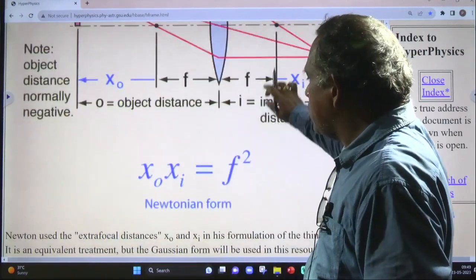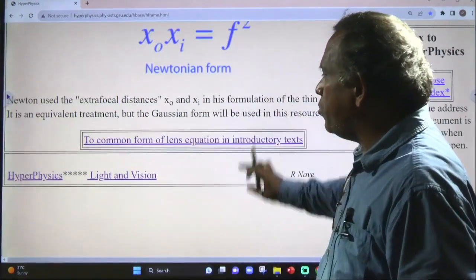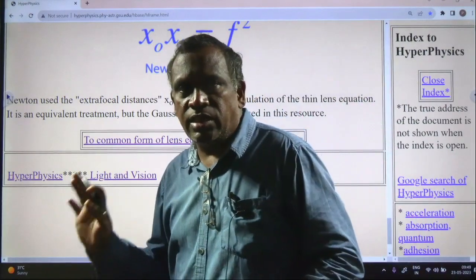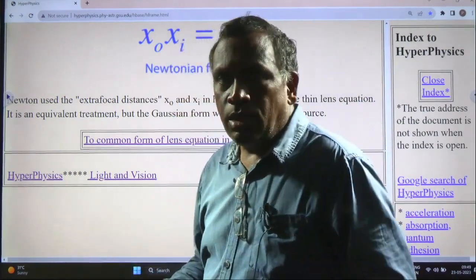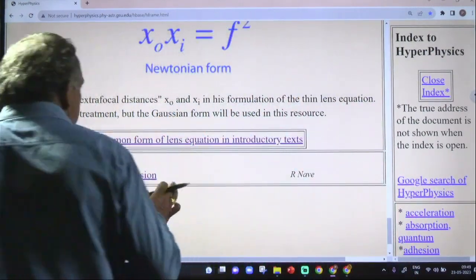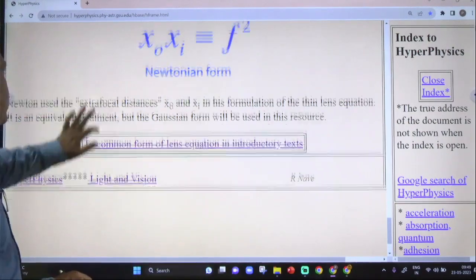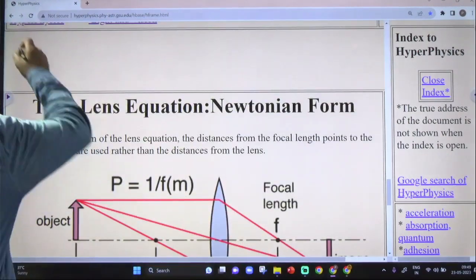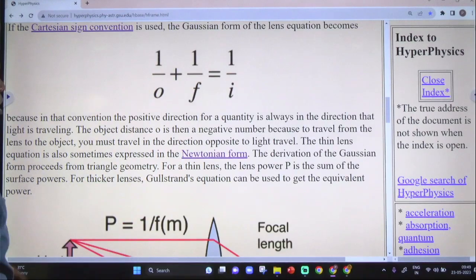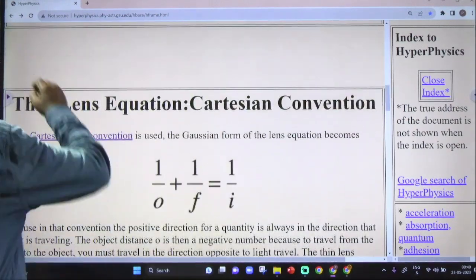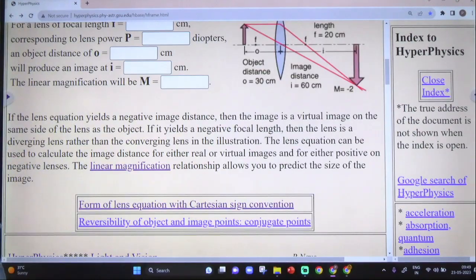This is the basic Newton's formula. There is also a simple derivation: 1 by f equal to 1 by u plus 1 by v, from which you will get these values. Coming to the lens, the image sign conventions and other things.